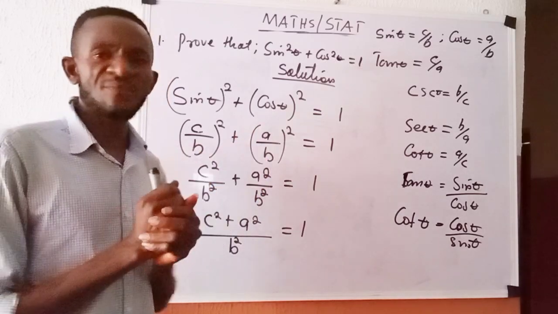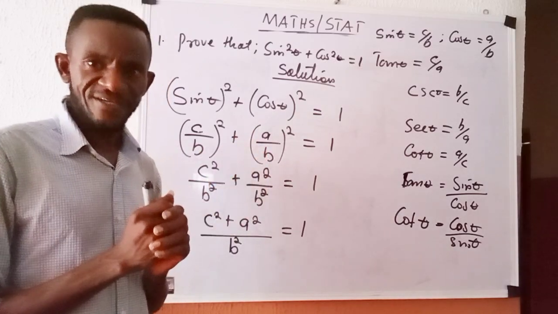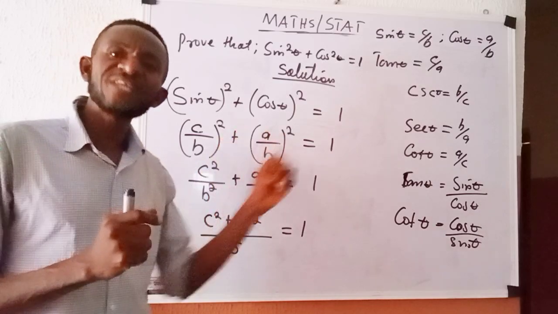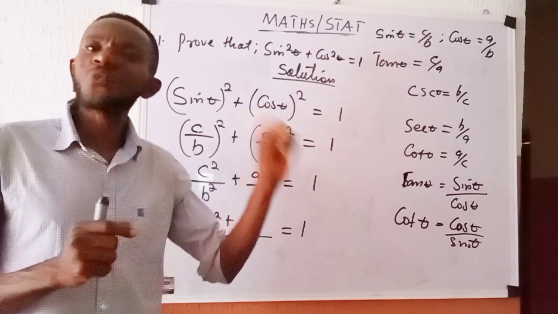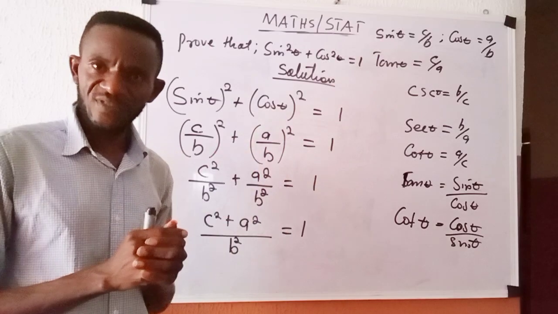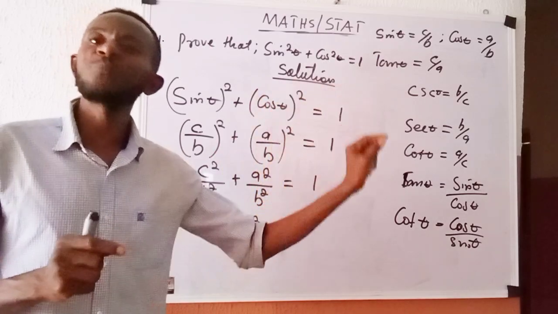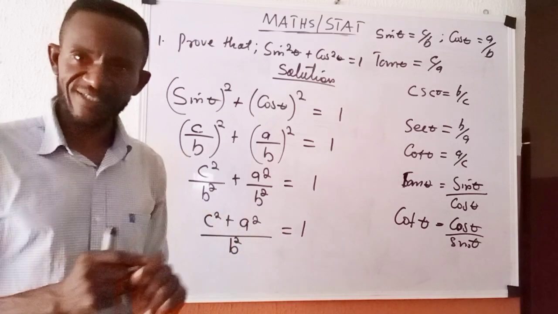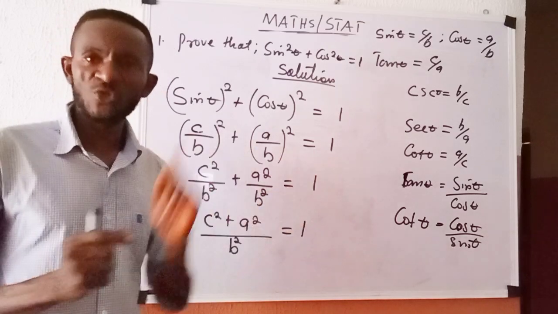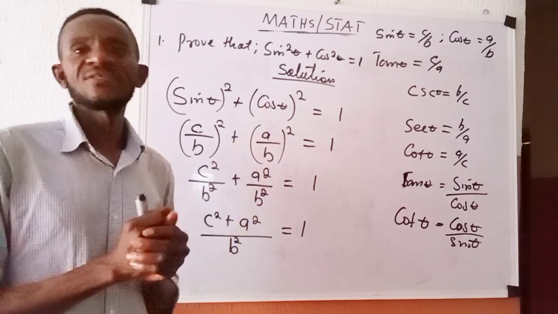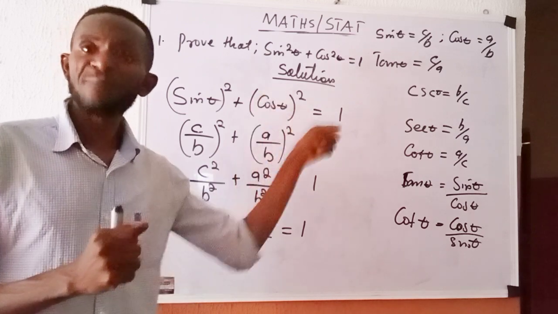But do remember something that Pythagoras said in the right angle triangle. Pythagoras said that the square of the hypotenuse is the same as the sum of the squares of the opposite and the adjacent. Let me draw and show you what I mean by this statement that is accredited to Pythagoras.